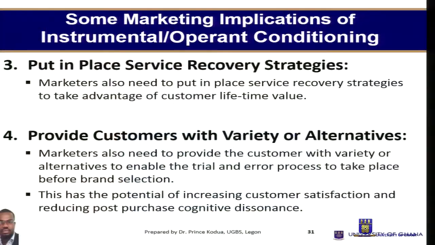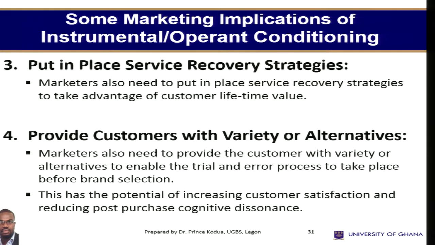Fourth, in terms of implication for marketing, because consumers learn by means of trial and error, marketers need to provide customers with variety or alternatives. Where there are limited alternatives, consumers do not have the chance, they are unable to do the trial and error process.